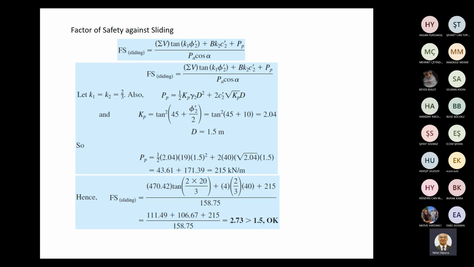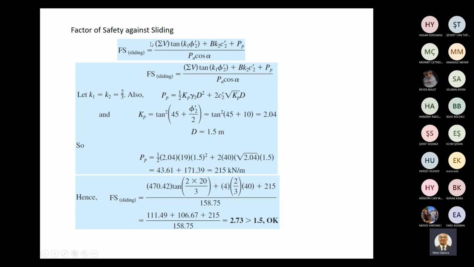Safety factor against sliding. The reason for sliding is horizontal component of PA. In other words, PA multiplied by cosine alpha.